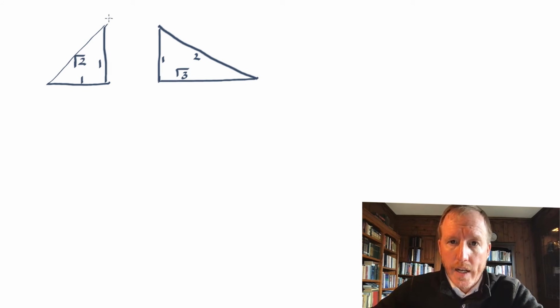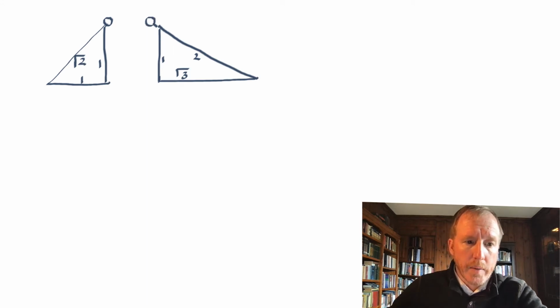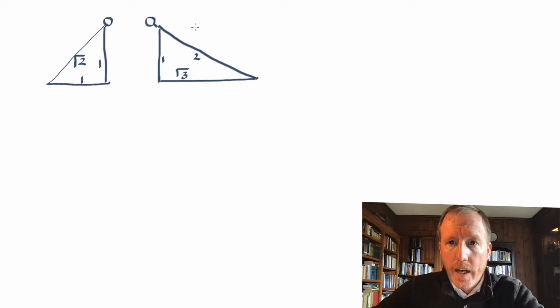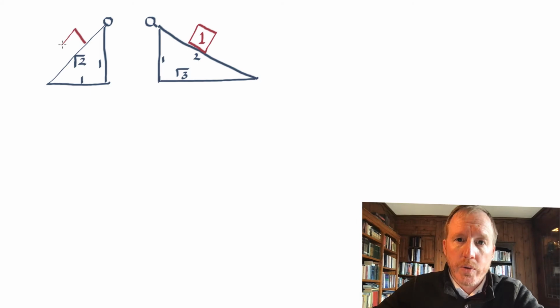And let's suppose we have a pulley at the top of each ramp, like this. And let's suppose that we place a block on each ramp. And importantly, we're going to claim that these two blocks have the exact same weight. So each of them has a weight of 1. That could be 1 pound or 1 newton, whatever units you would like. The important thing is that they have the same weight.